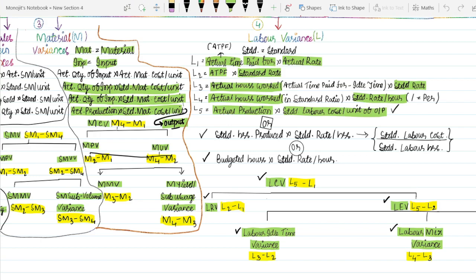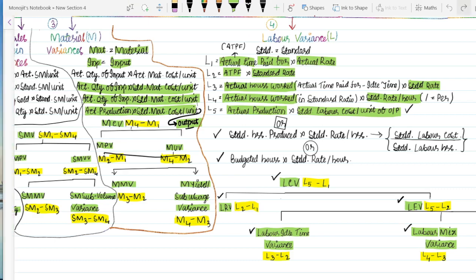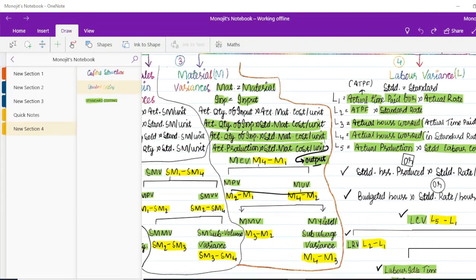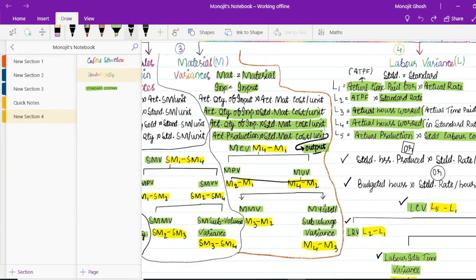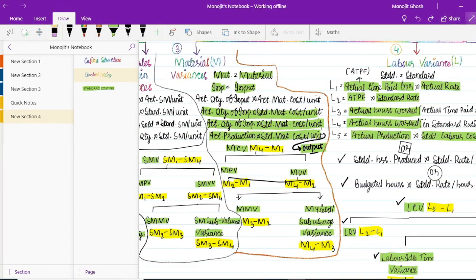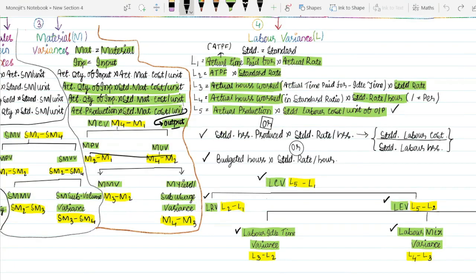M2 will come to material mix variance and M4 will come to material yield or sub usage variance. Material mix variance is M3 minus M2, and material yield or sub usage variance is M4 minus M3.